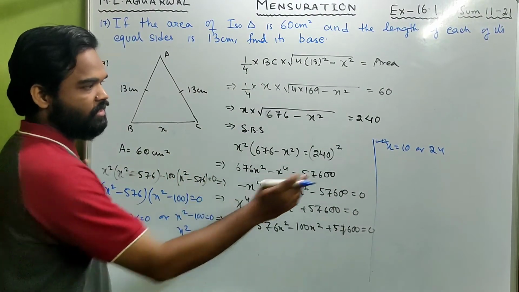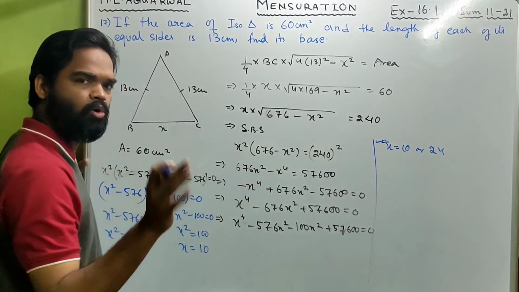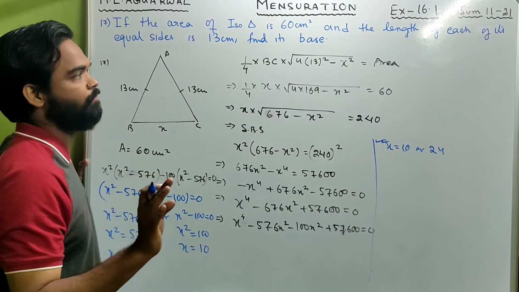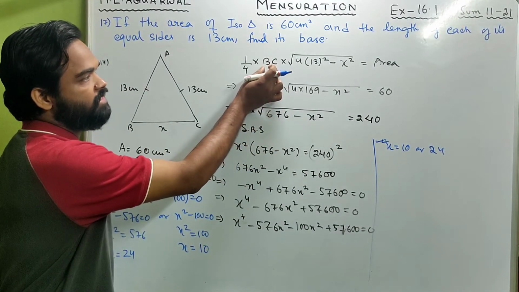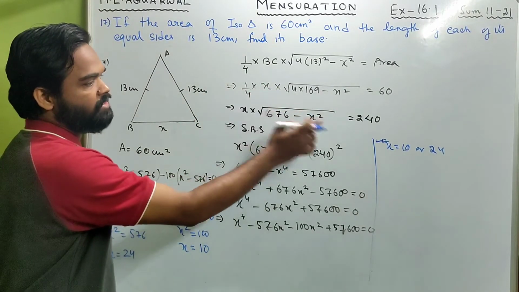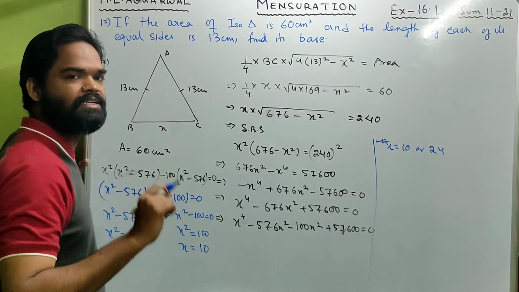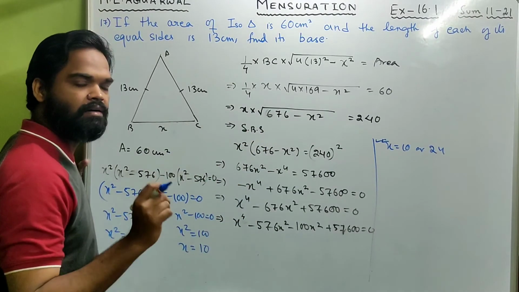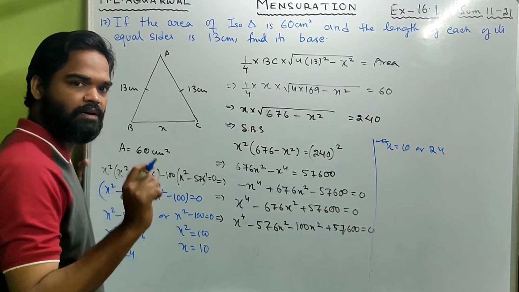Now in both the cases, if you take x as 10 or 24, you'll see the answer still comes the same. In this formula, if you replace BC or x by 10, you'll get area as 60. If you replace x by 24, you still get the area as 60. So both the answers are correct. Now let us look at the next sum.